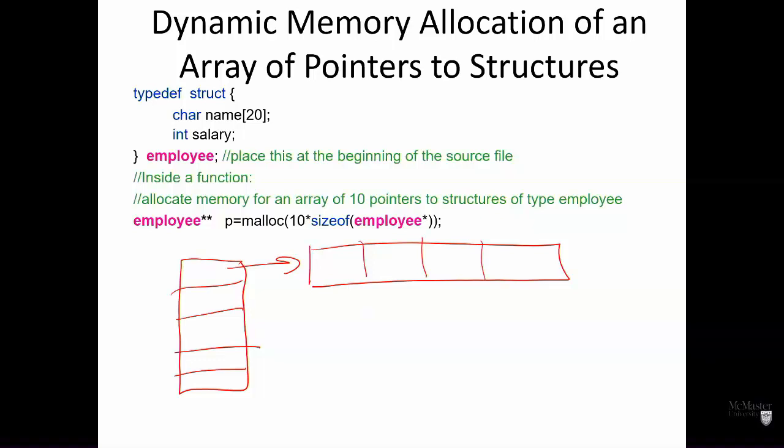Good? So what I'm doing here is I'm initializing 10 locations in the memory. Each one of them is the size of what is employee asterisk? It's a pointer to this structure, right? So this is allocating 10 elements of an array.